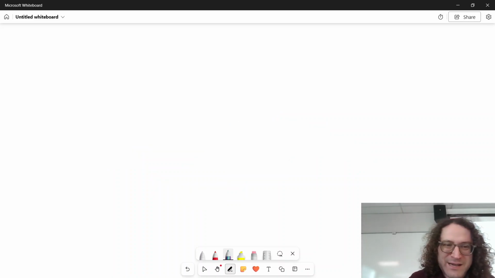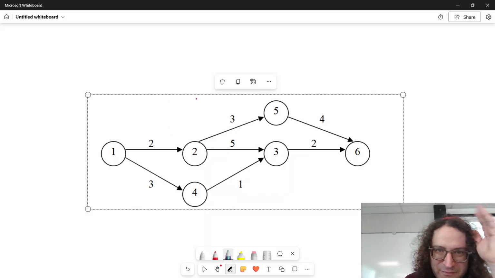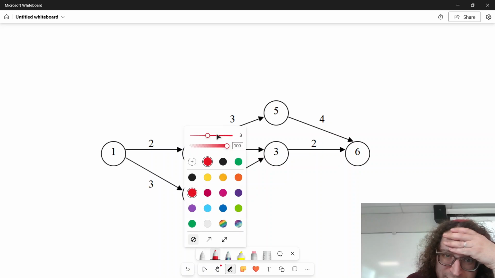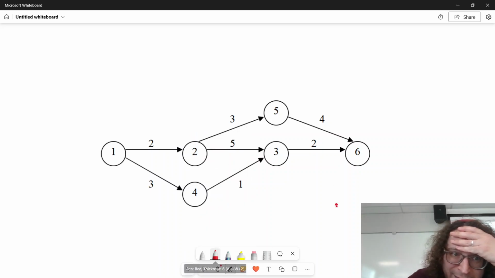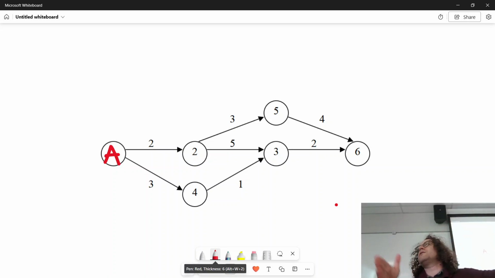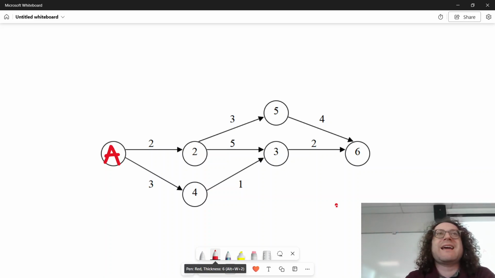Because it's so distracting to have one go to 2 with an edge of 3. No. That does not make sense. We need to use our numbers here. So we're going to go A, B, C, D, E, and F.